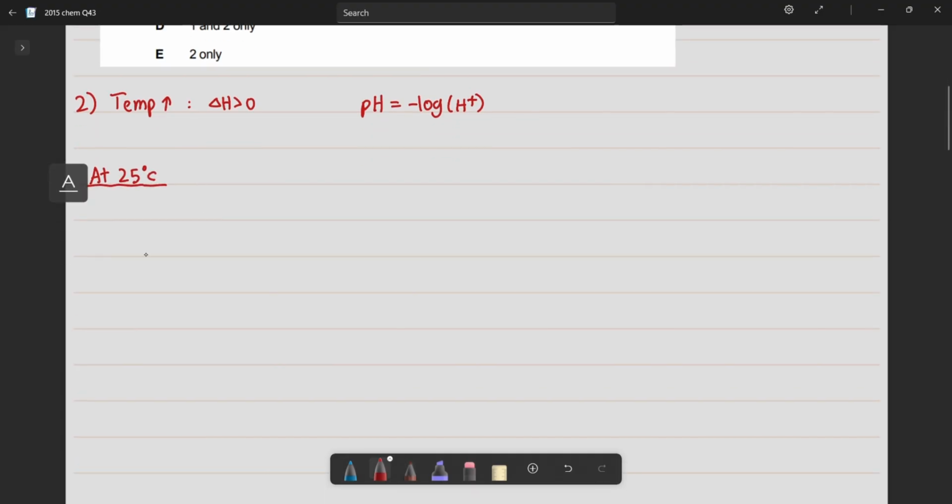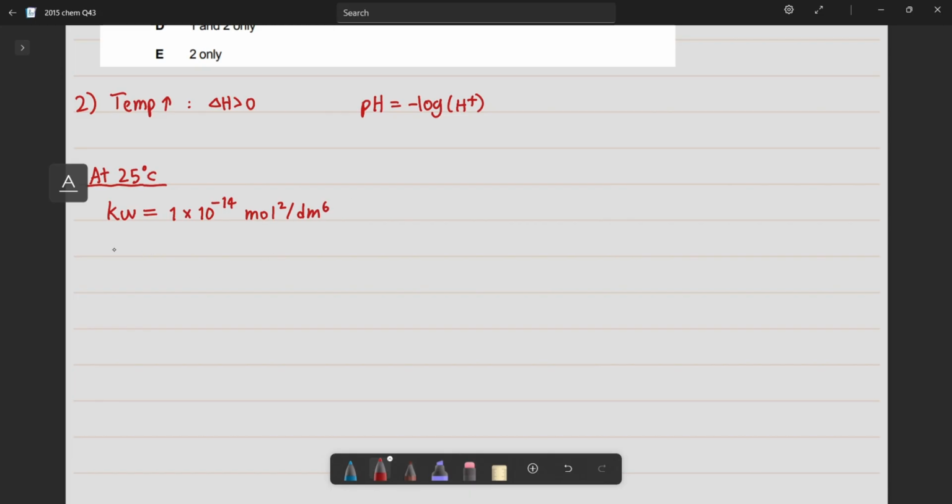At 25 degrees Celsius, we know that the Kw value, which is the water self-ionization constant, or we can say water autoionization constant, is most commonly 1 times 10 to power negative 14 mole square per dm 6. Okay, decimeter power 6.